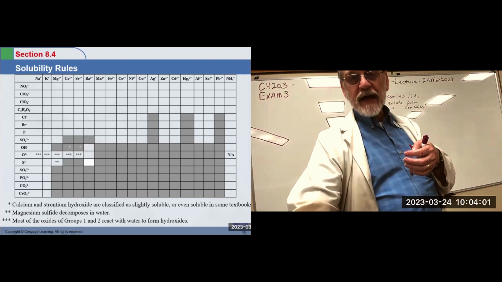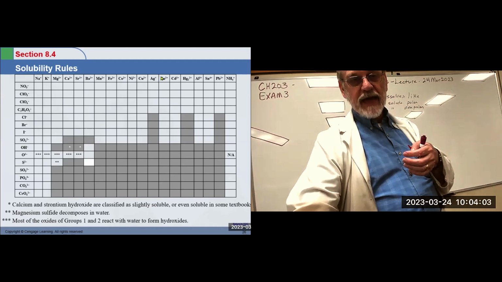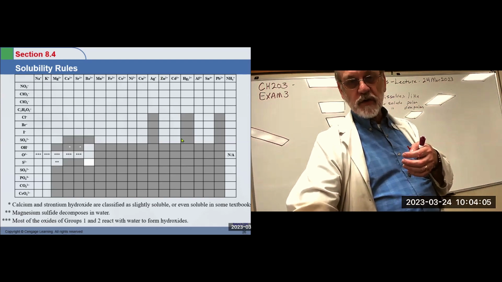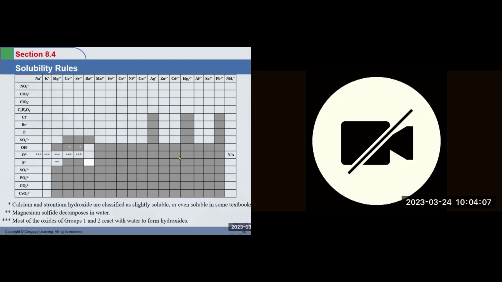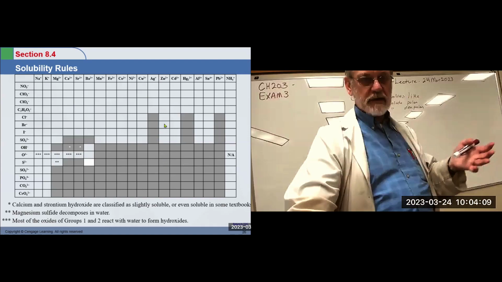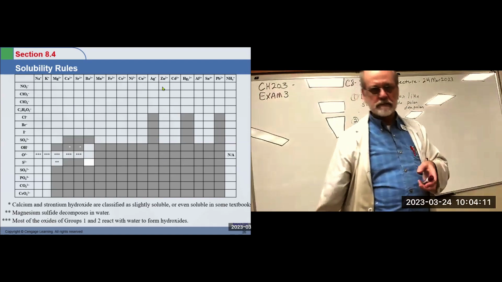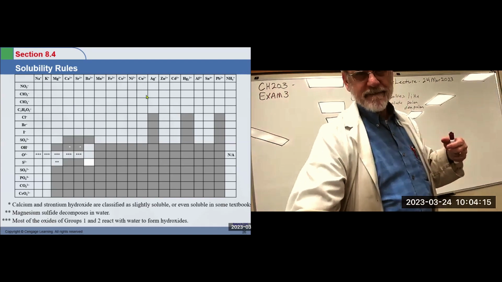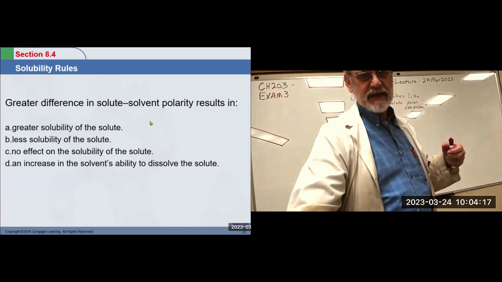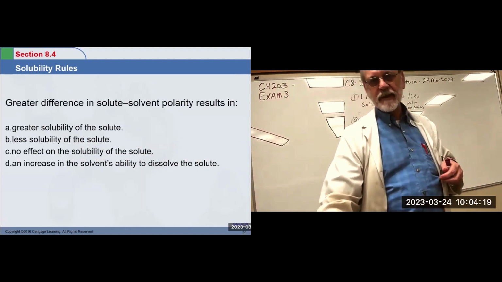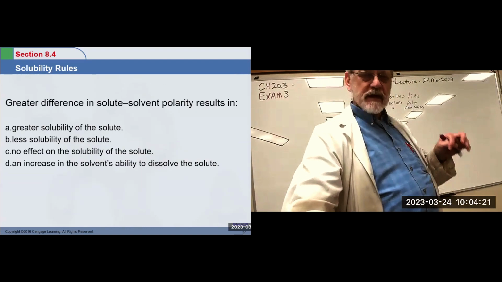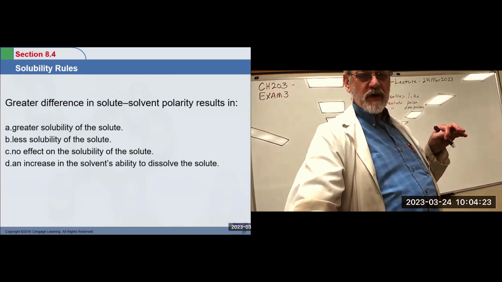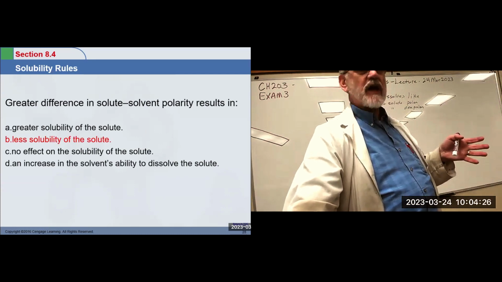You just find the cation across the top and the anion on the left and follow them down to where they meet. And if they're grayed out, then they're not soluble. We'll talk some more about that as we go. So if the difference in solute and solvent polarity is great, then they're less soluble.